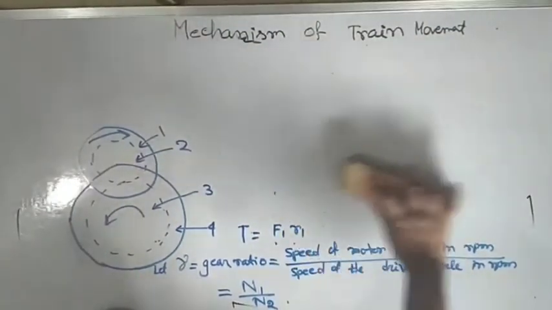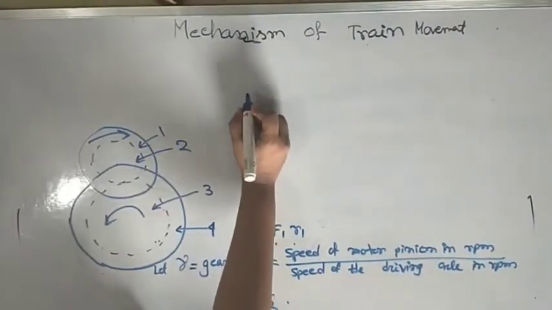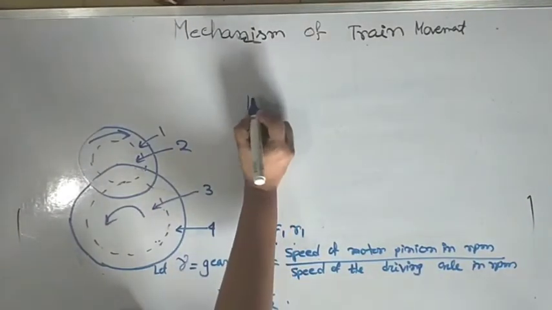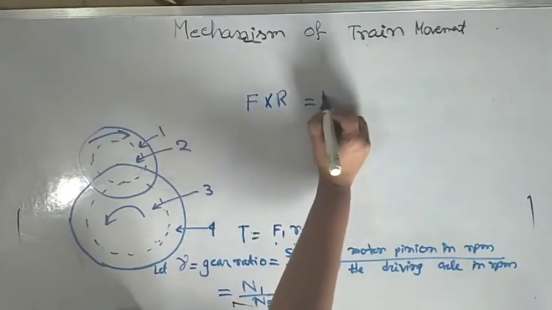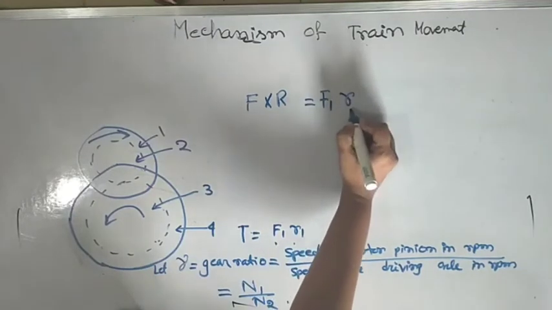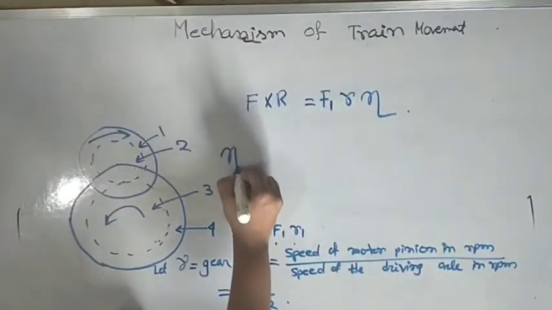Now if F is the tractive effort at the driving wheel and R is the radius, then F into R is equal to F1 tractive effort at the pinion, R1 the radius of the pinion, and eta. Now what is eta?